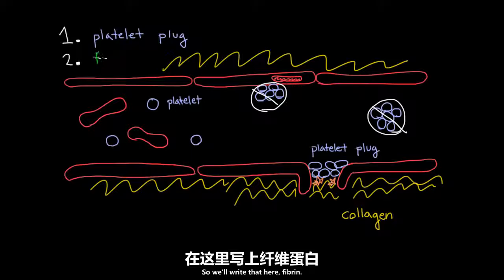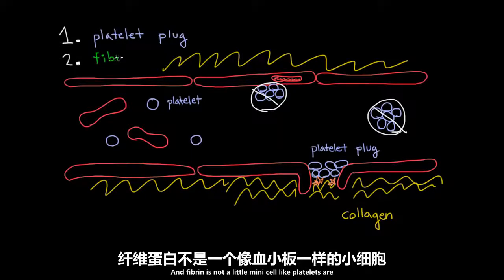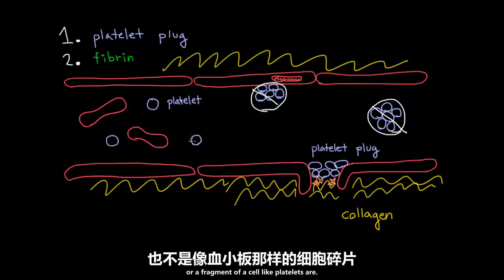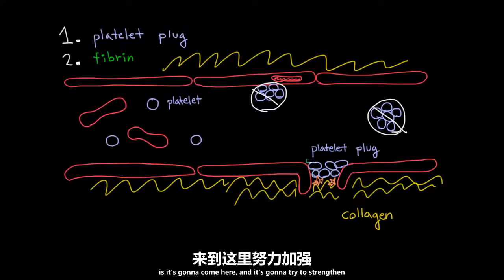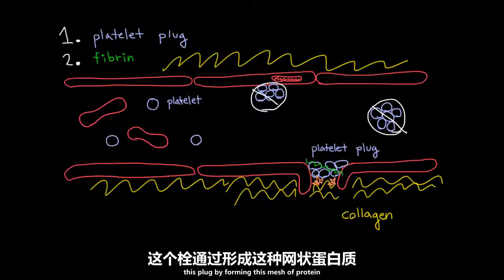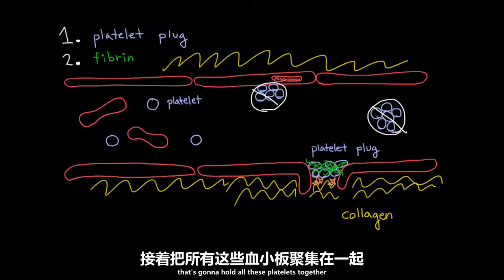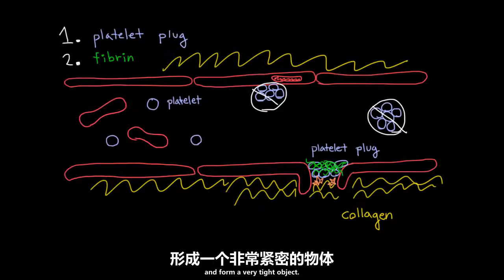So we'll write that here, fibrin. And fibrin is not a little mini cell like platelets are, or a fragment of a cell like platelets are. Fibrin is just a protein, and what fibrin is going to do is it's going to come here and it's going to try to strengthen this plug by forming this mesh of protein that's going to hold all these platelets together and form a very tight object.